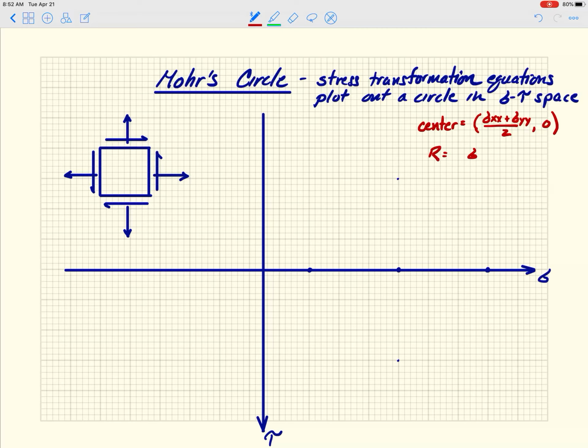So the radius is sigma xx minus sigma yy divided by 2, that quantity squared, plus tau xy, quantity squared, and then the square root of that whole thing. Okay, so that's the center and that's the radius.